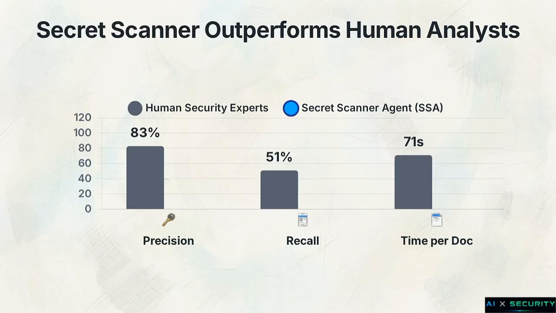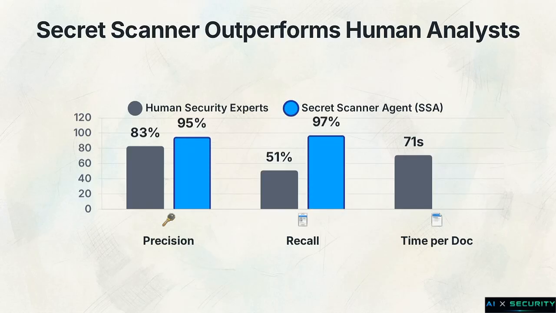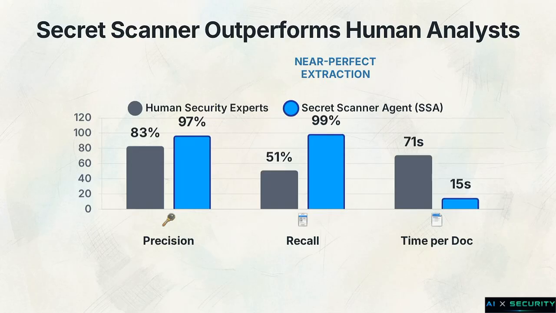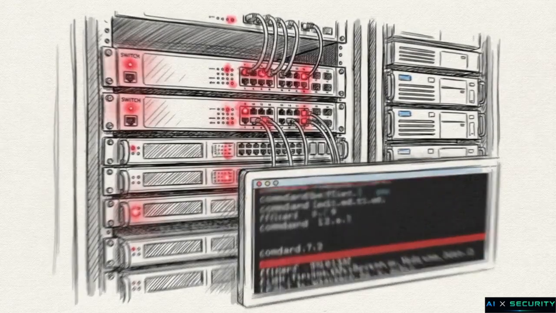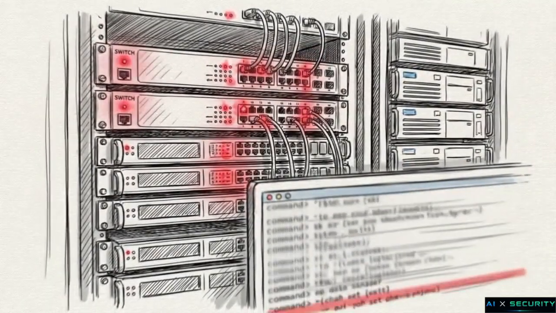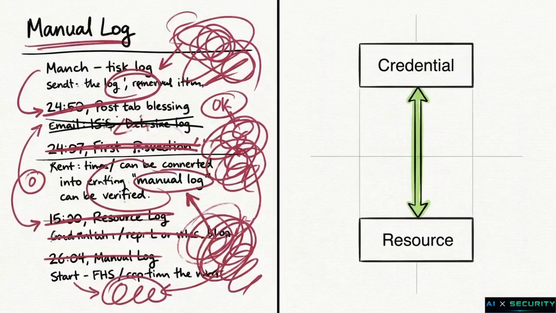The secret scanner agent surpassed 97% precision and 99% recall, completing it in under 15 seconds. In incident response, a 51% human recall rate is a massive risk. Missing half of the exposed credentials leaves critical systems wide open. These results indicate that when dealing with high-volume, unstructured text, automated reasoning achieves a level of completeness human analysts struggle to maintain.